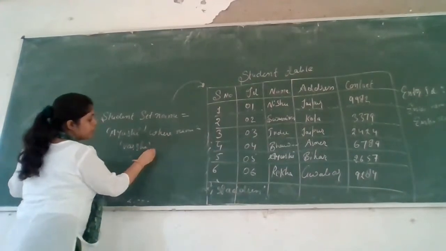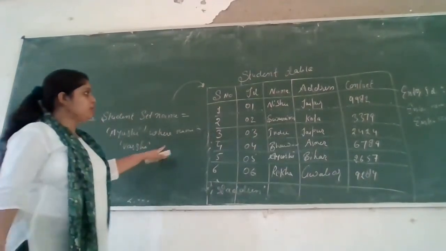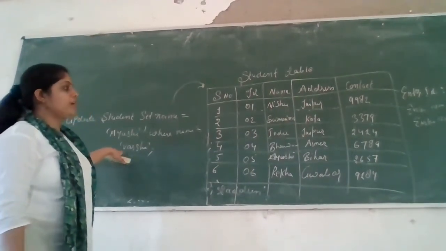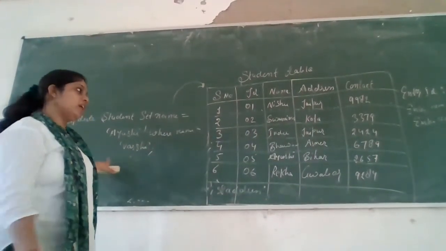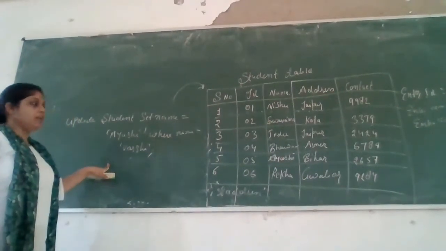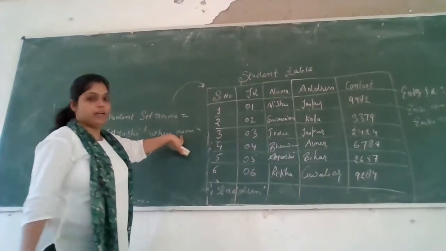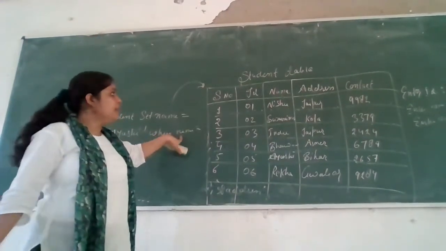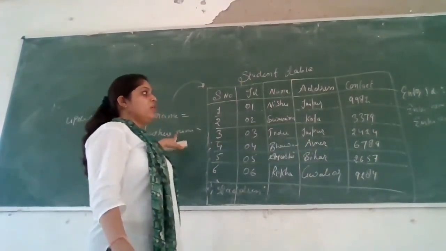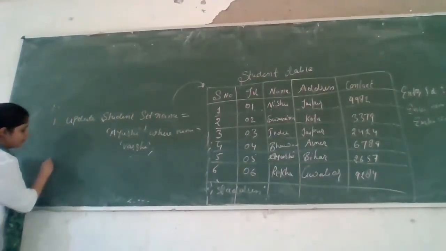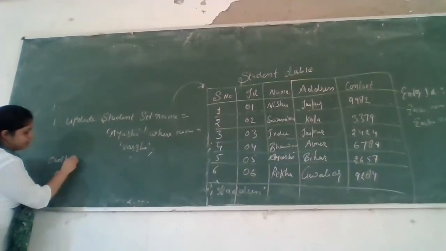Or we can also write where ID equals to 05, where address equals to Bihar, where contact number equals to 2657. According to you, you can change the condition after the where clause. You can use name, ID, serial number, address, contact. So after using this, your output will be like this.